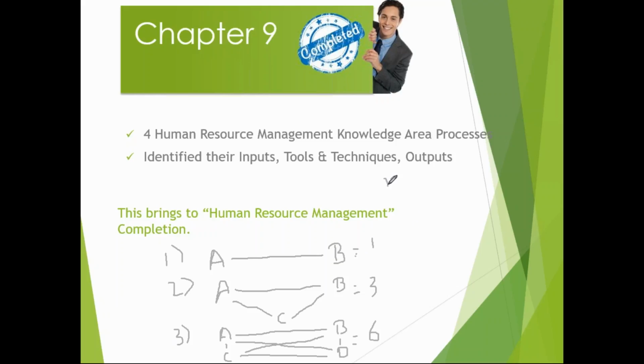The formula is n into n minus 1, divided by 2. That's the formula to find out the communication channels. This is the formula to calculate how many communications can happen together. Let's try to fit this formula now.